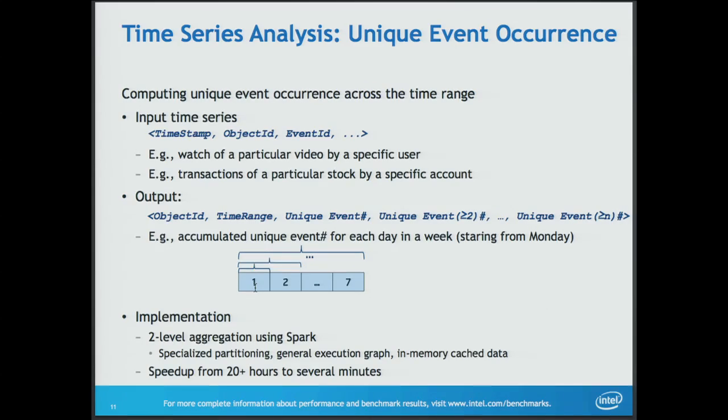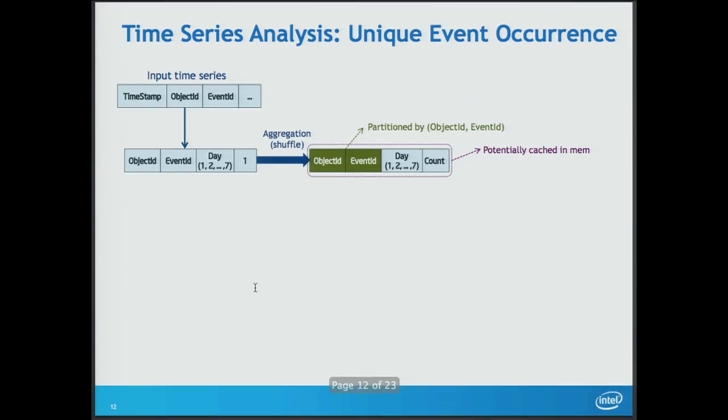And the result is that the original implementation ran on, I think, a 100-node Hadoop cluster for about 20 hours. And we are able to run it in several minutes on a 4-node Spark cluster, utilizing a cache.